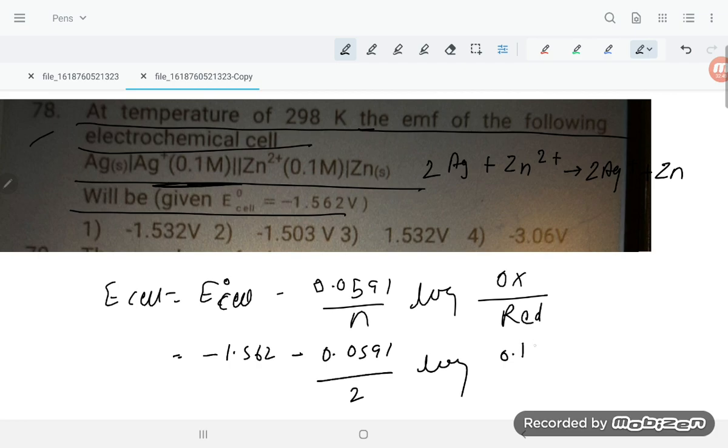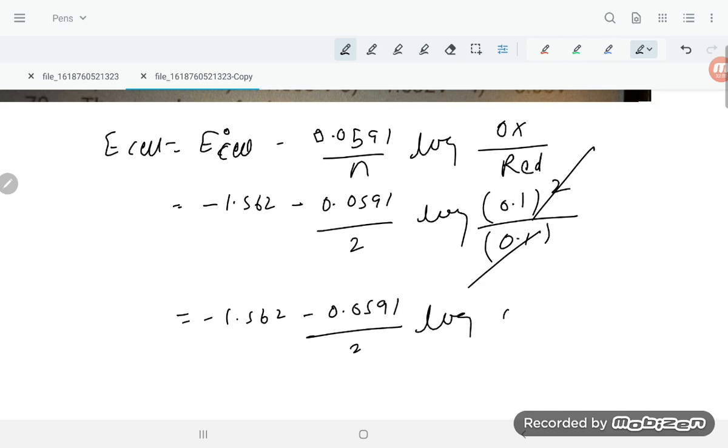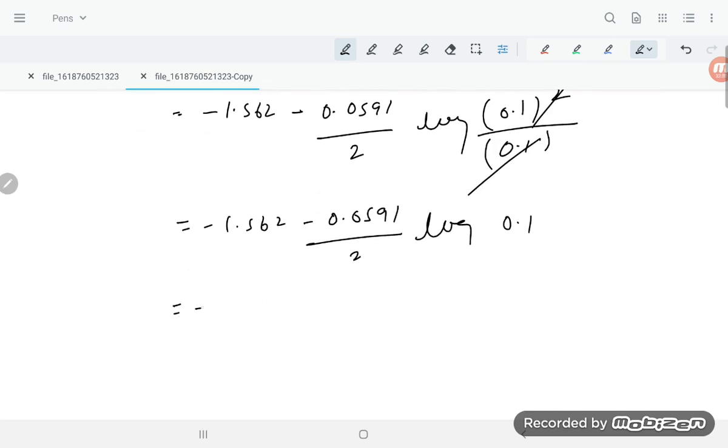Oxidation is 0.1 squared, so 0.1 and 0.1 squared cancel out. Minus 1.562 minus 0.0591 upon 2, log 0.1, which is minus 1.